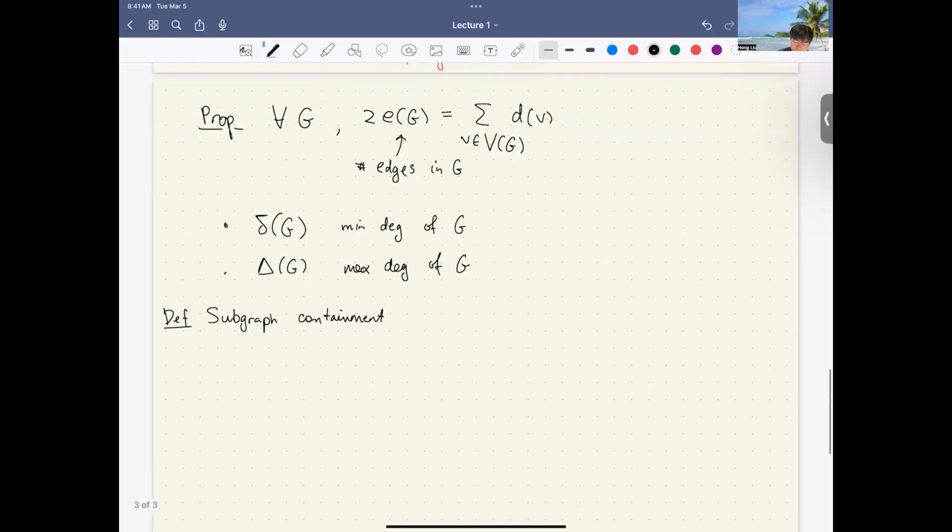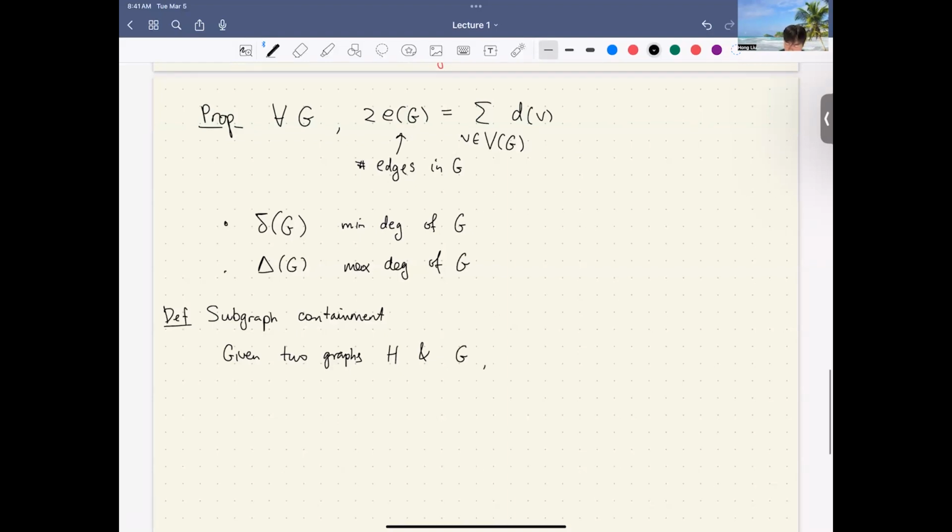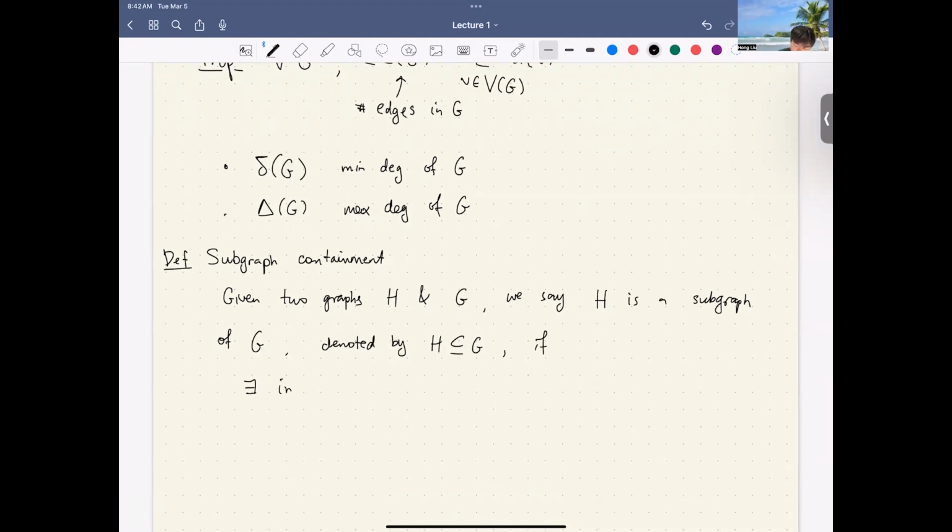So we have 2 graphs, H and G. We say H is a subgraph of G if you can find an injective map, let's say phi, from the vertex set of H to the vertex set of G, preserving adjacency.